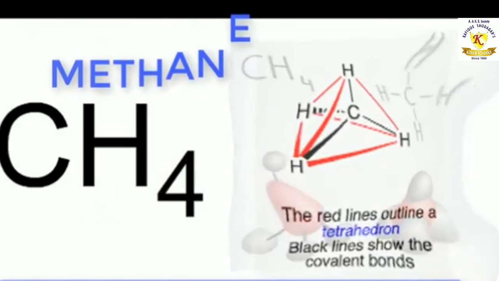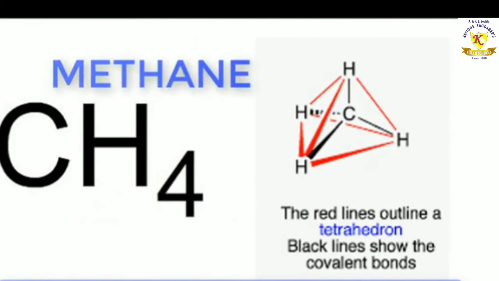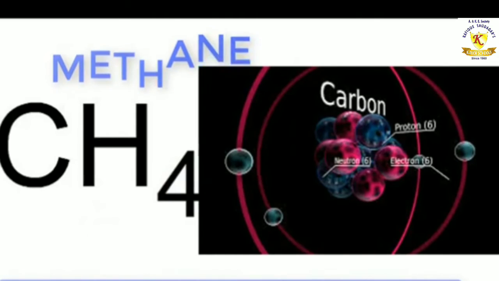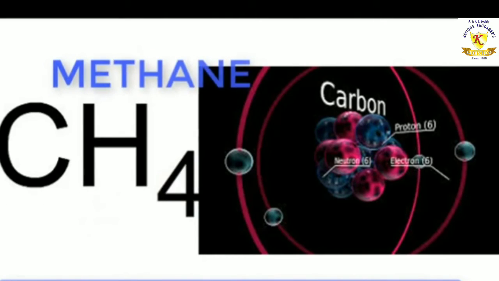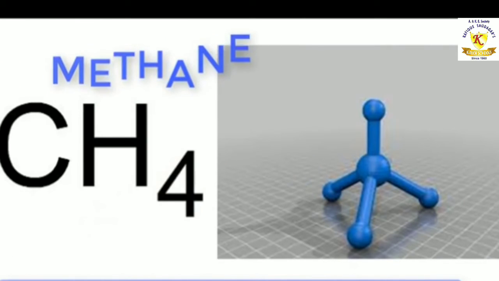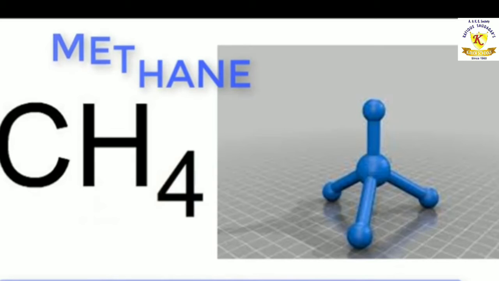It is used for making hydrogen, carbon black, carbon disulfide, alkynes, hydrocyanic acid, trichloromethane, also called chloroform, an anesthetic used for surgical operations.